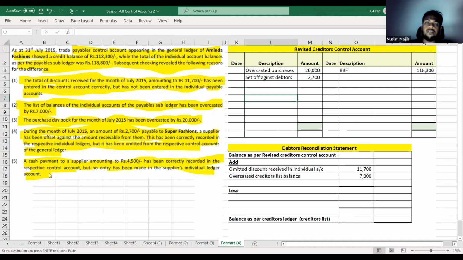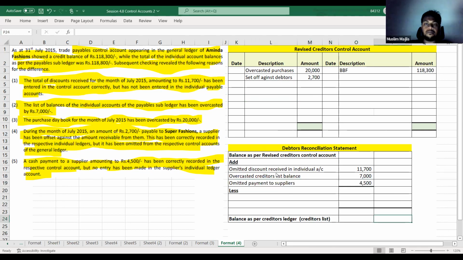If the payment is not recorded in the individual account, the individual account balance is more because it was deducted in the control account but not deducted in the individual account. Therefore, it's an omitted payment to supplier.